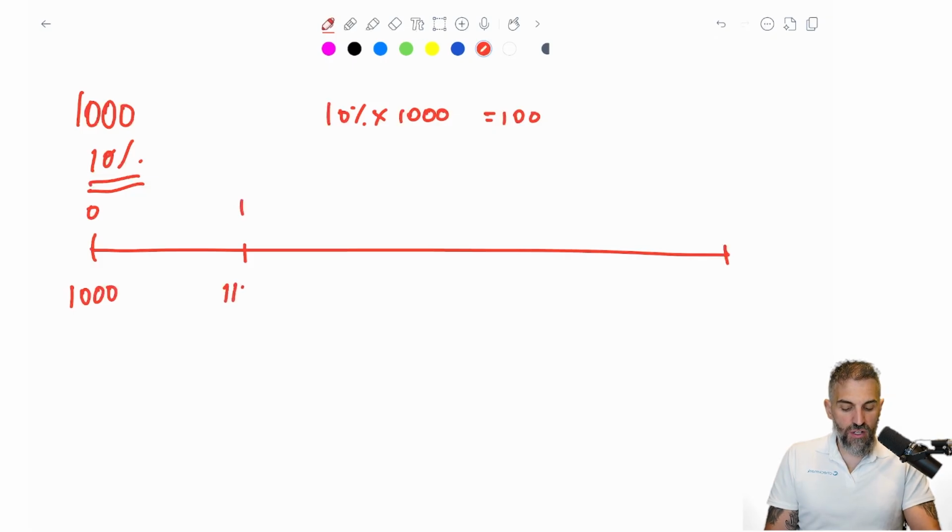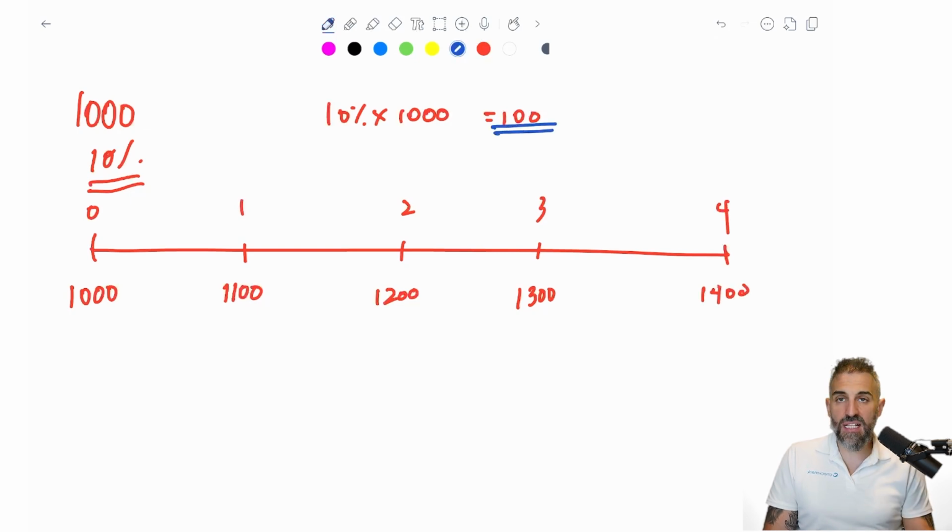So now you'd have $1,100. In year 2, you would have $1,200. In year 3, you would have $1,300. In year 4, you would have $1,400. What do you notice? Every single period, it's growing by exactly 100. That is simple interest, where interest is only earned on the original amount, okay?